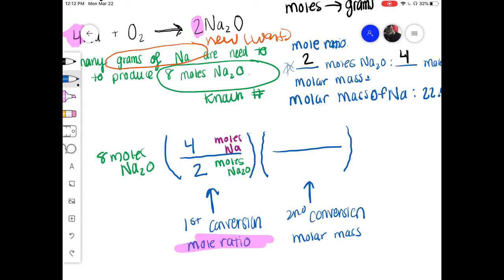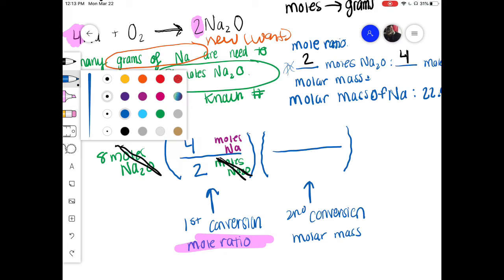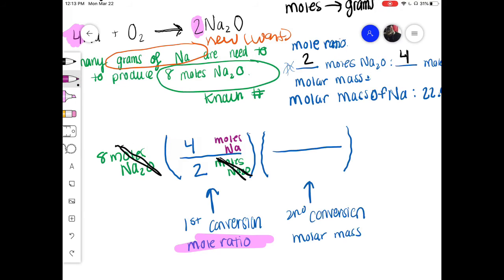Our second conversion is going to be our molar mass. So now that we have changed from one molecule to the other through our mole ratio, we're left with 4 moles of Na because these cancel out, top and bottom. That, our first new unit, becomes our second old unit.